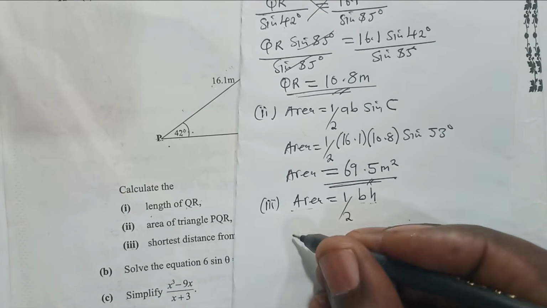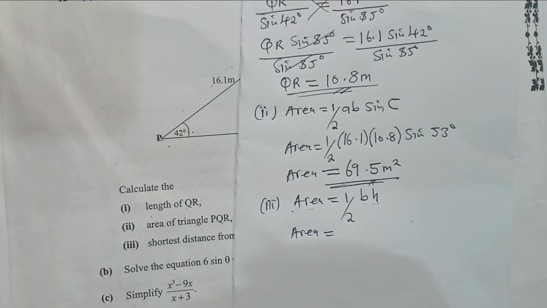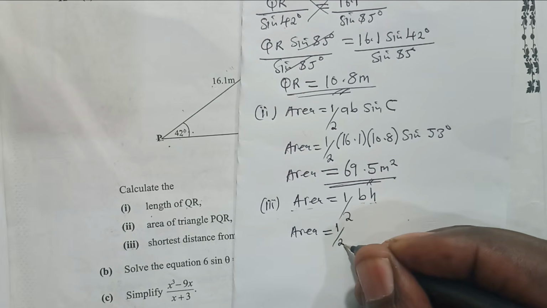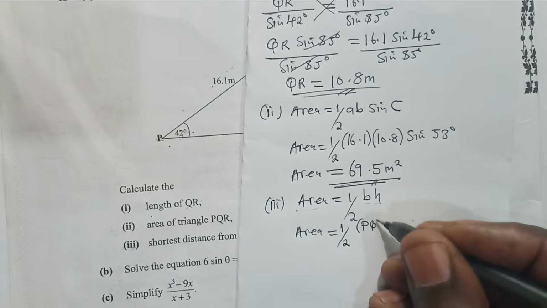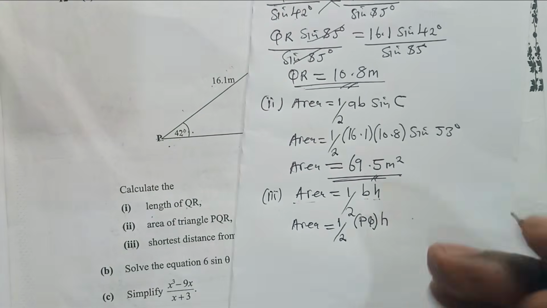So we are saying area is equal to, I'm just rewriting the formula, 1 over 2 times our base, the side PQ, then we find the value of h.